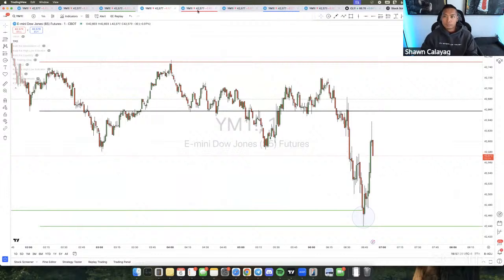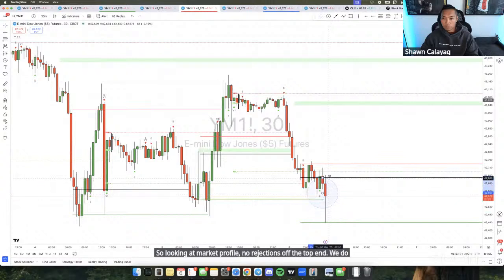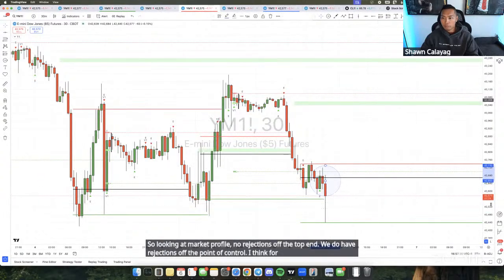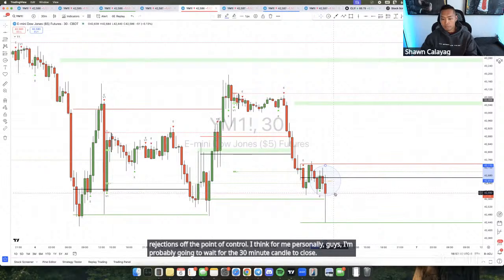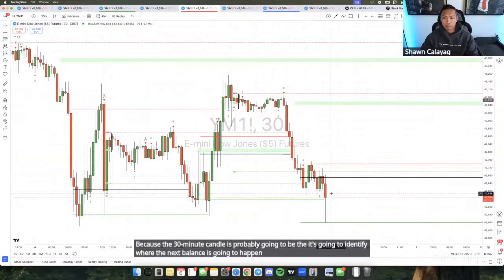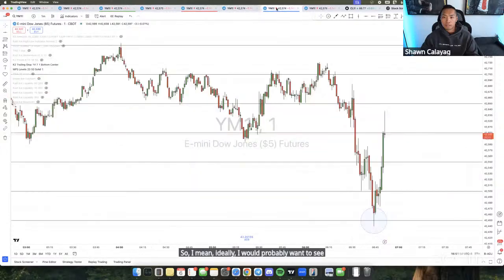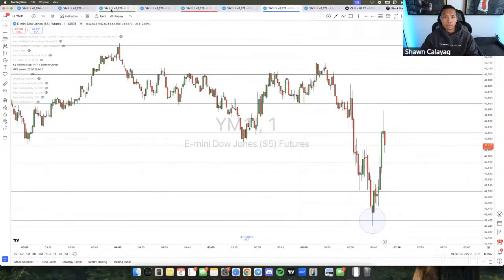So looking at market profile, no rejections off the top end. We do have rejections off the point of control. I think for me personally, guys, I'm probably going to wait for the 30-minute candle to close, because the 30-minute candle is going to identify where the next bounce is going to happen. Ideally, I would want to see some sort of confluence from either side first.